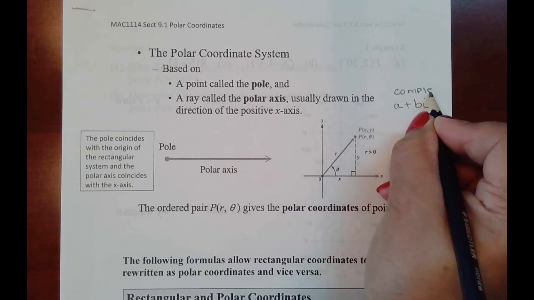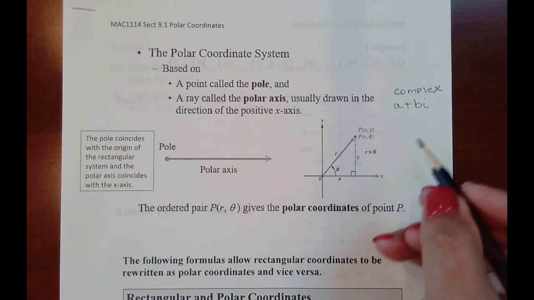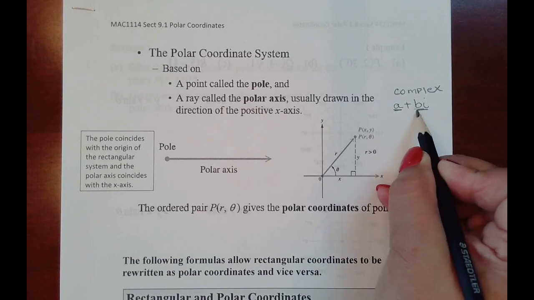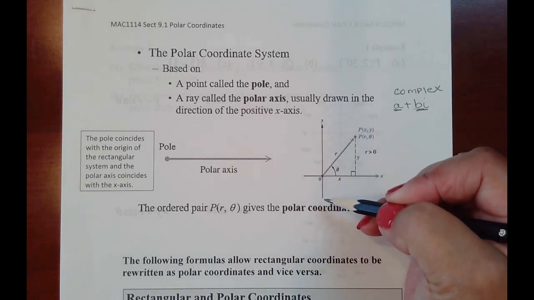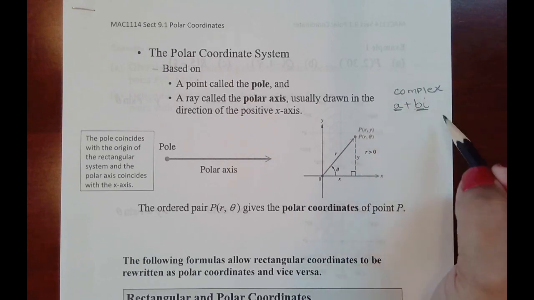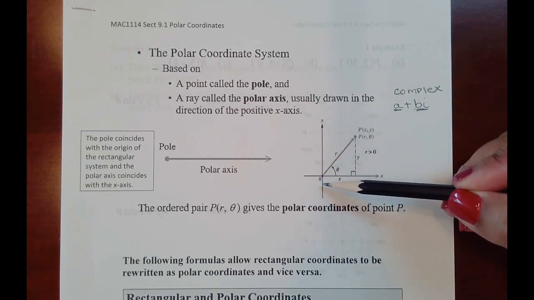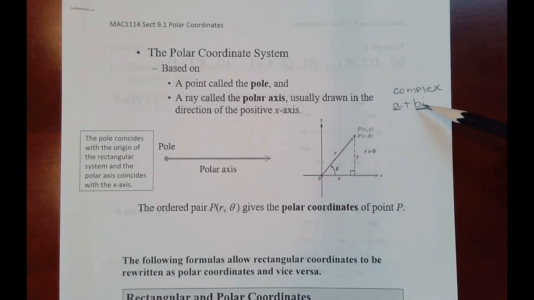And in that particular case, the x-axis was where the real numbers are, so you would plot this portion, and then the imaginary coordinate would be plotted along this y-axis. So in this case, when you were plotting complex numbers, this y-axis would just take on a new role, and that would be to plot the imaginary portion of your complex number.